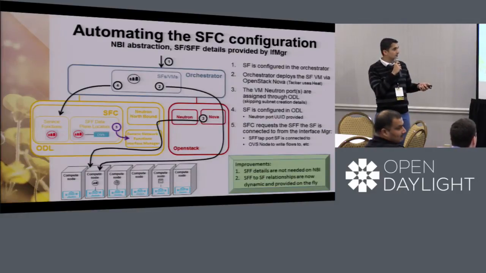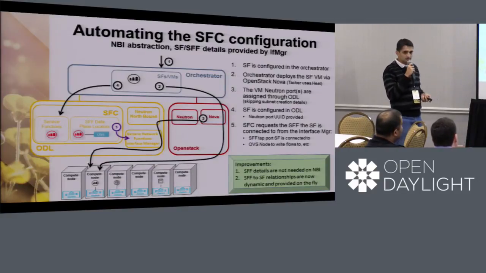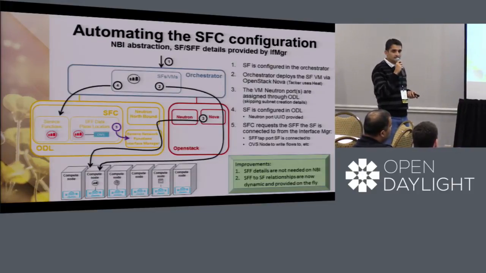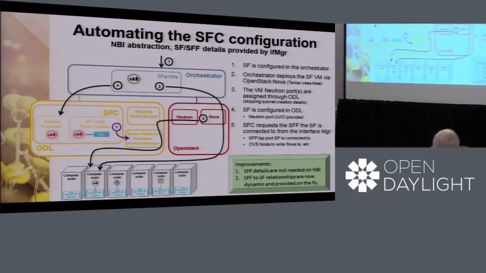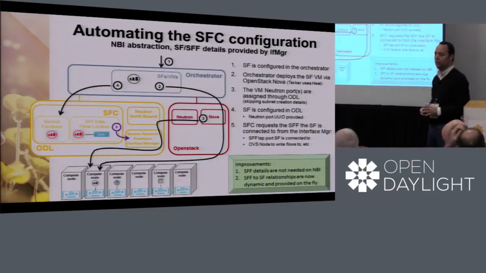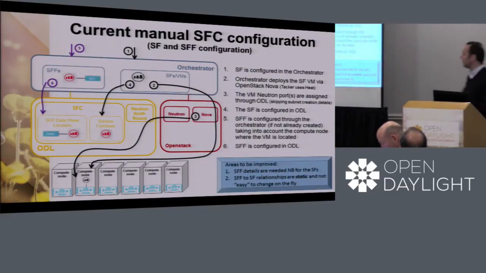Yeah, but notice on the northbound on the orchestrator. Okay, we don't go into the rest of the configuration, but we no longer need to configure the SFF. That's the main difference. We don't need to configure the SFF on the orchestrator. We're figuring that out internally. Notice step 5 there.